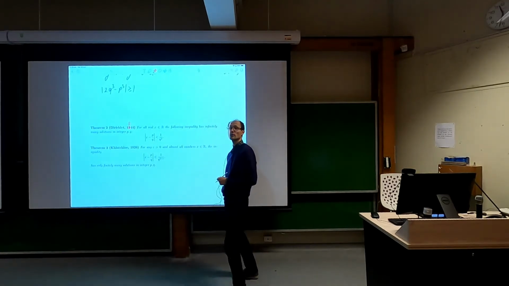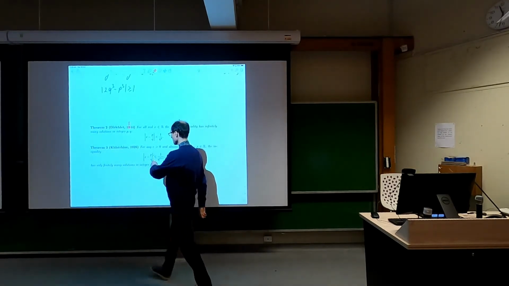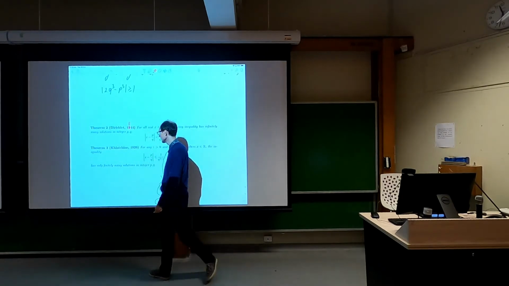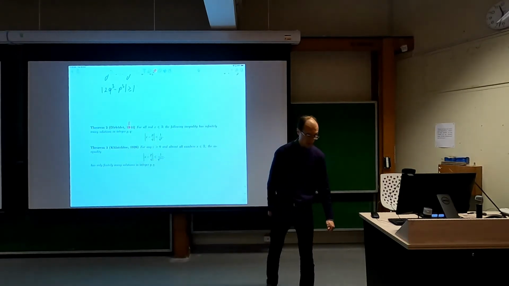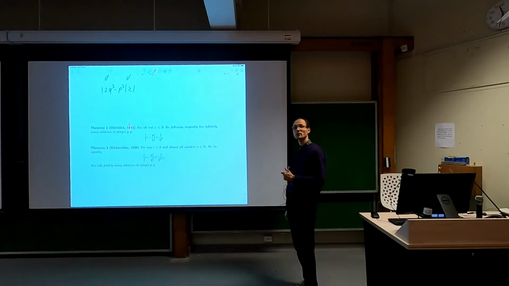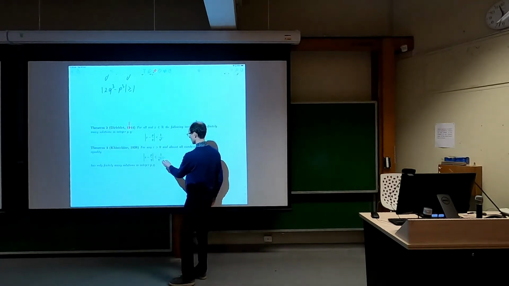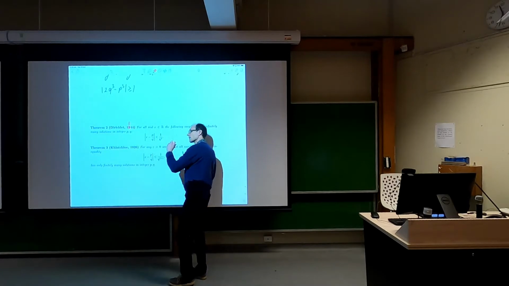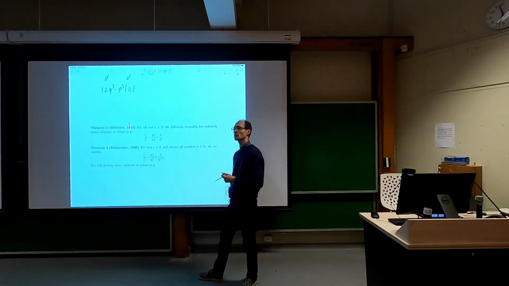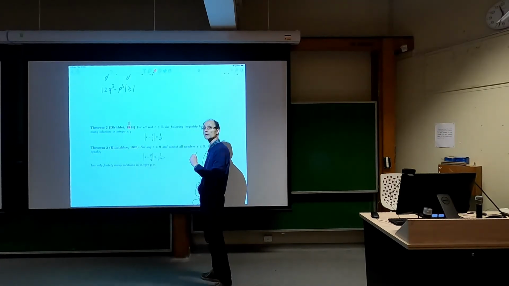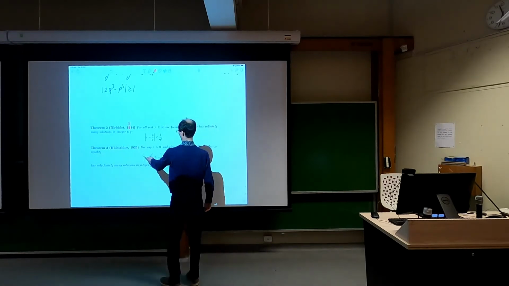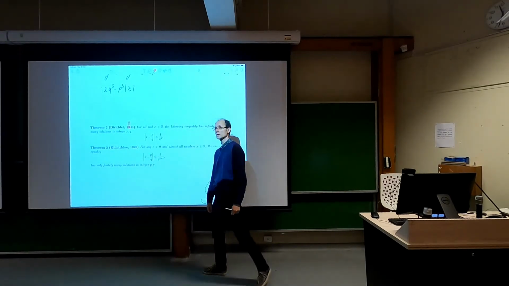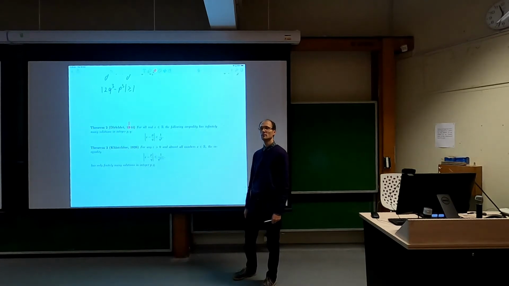But then we have Khinchin's theorem in 1926. And Khinchin's theorem says that for a generic number x, we cannot hope for anything better than in Dirichlet. So if you increase the power of q from 2 to something slightly bigger than 2, right, 2 plus epsilon, then for almost all numbers x, well, this inequality has only finitely many solutions.